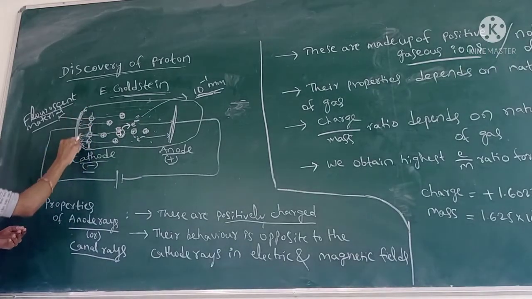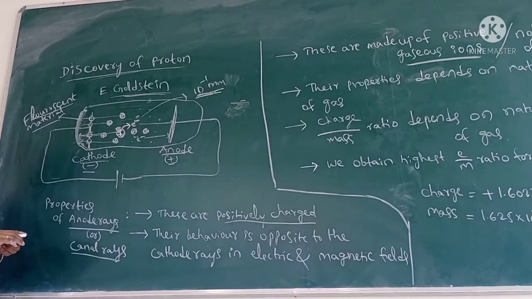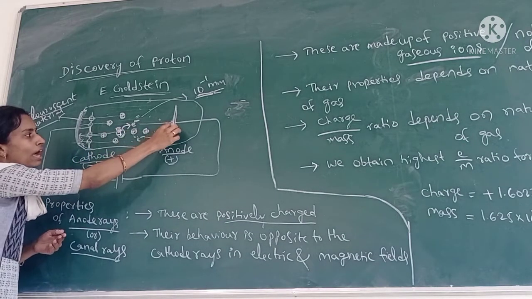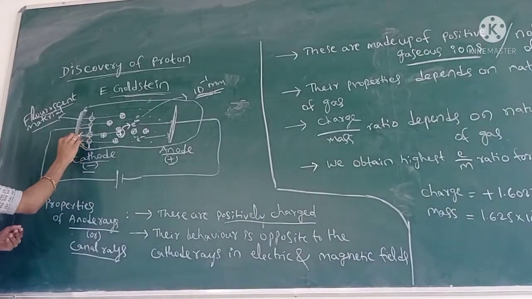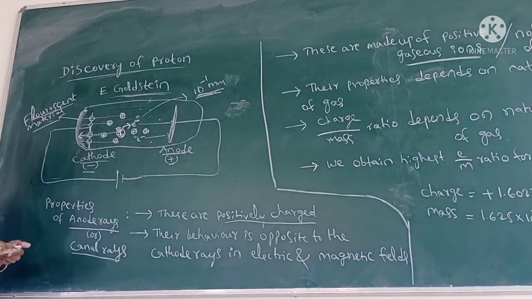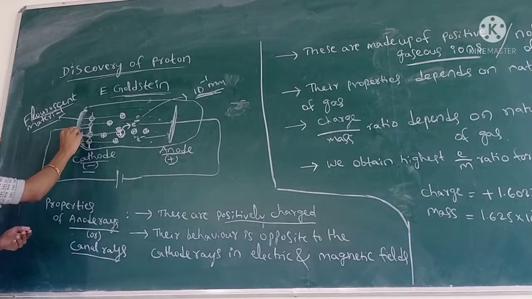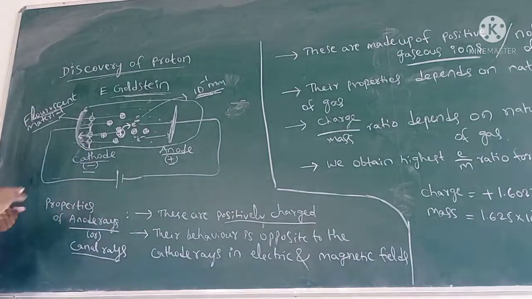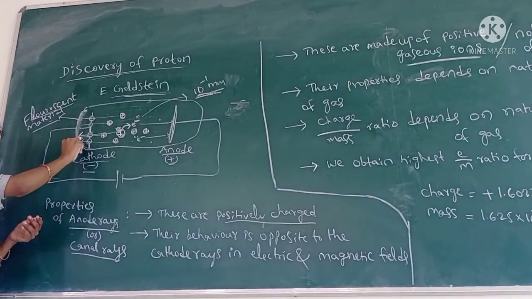That's why we have taken this fluorescent material. The rays coming from the anode strike the fluorescent material and it glows. By seeing this glowing material, we can conclude that some charged rays are striking this substance.